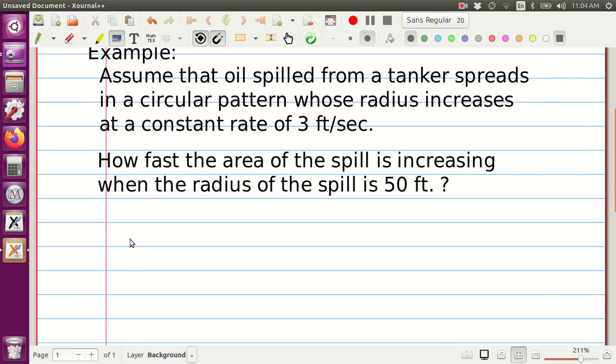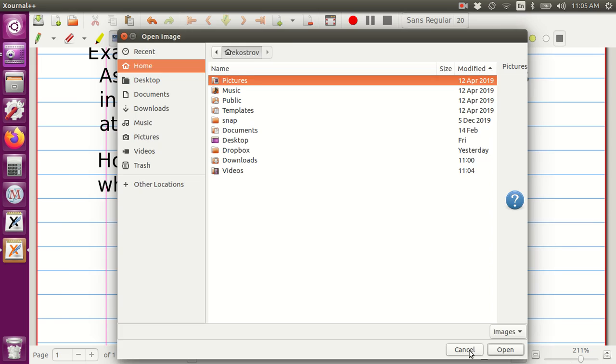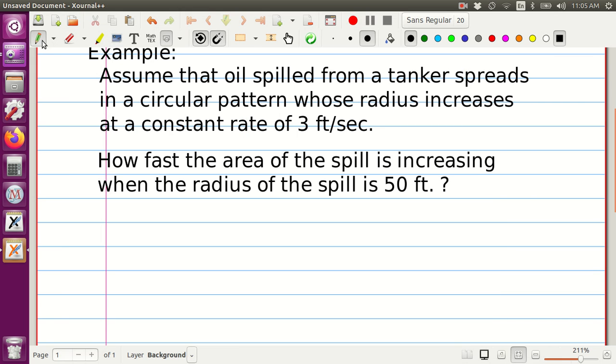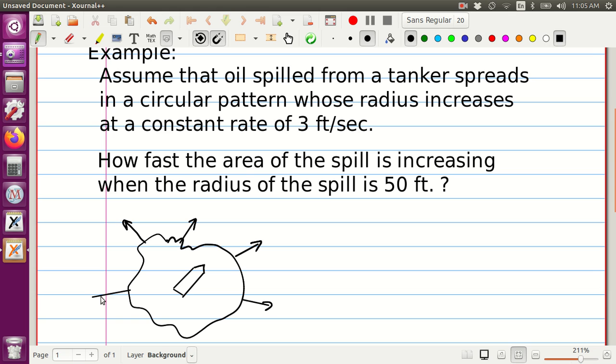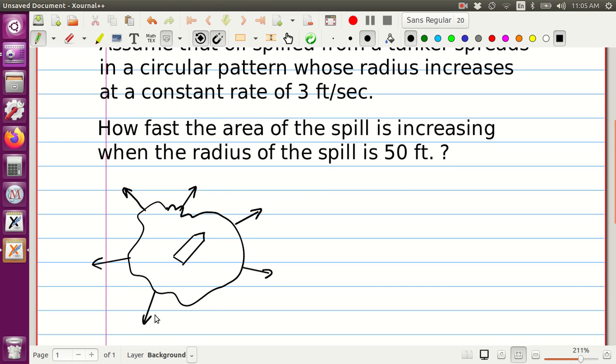We have a tanker, and the oil is spilled from the tanker and it spreads out in approximately circular manner. So the oil is going out in the following way.